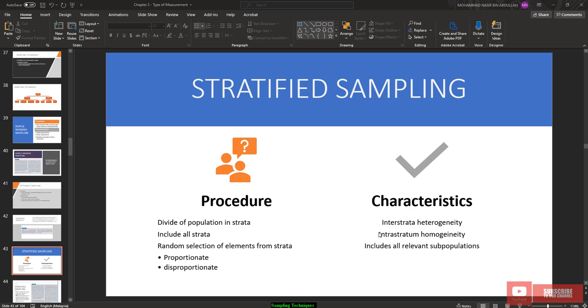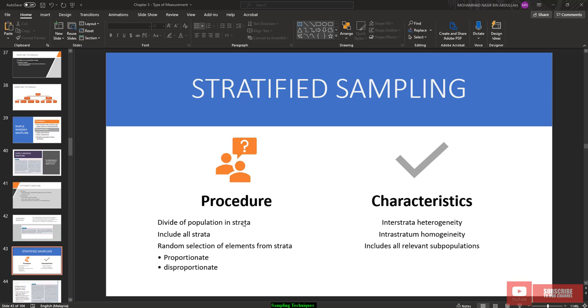So another method under probability sampling techniques is the stratified sampling technique, right? The procedure is that we divide the population into strata, which are groups. We include all strata, with random selection of elements from each stratum. For each group, we do simple random sampling, proportionate or disproportionate.